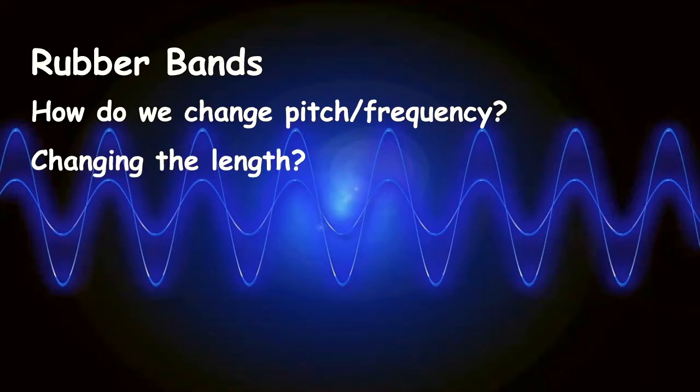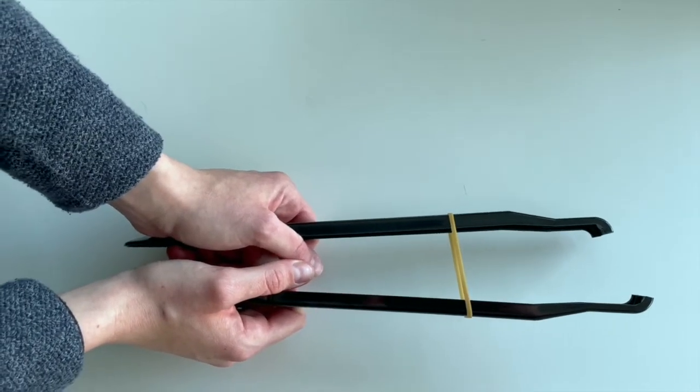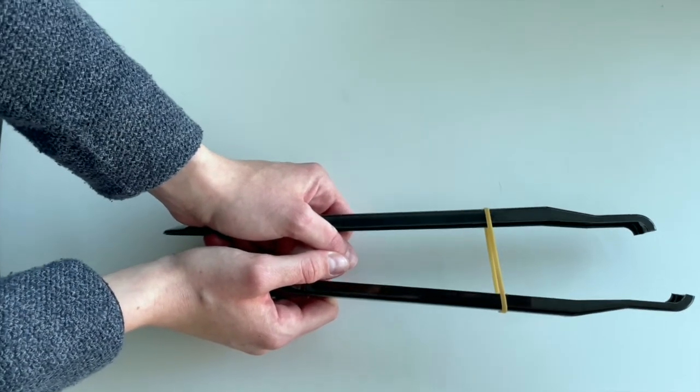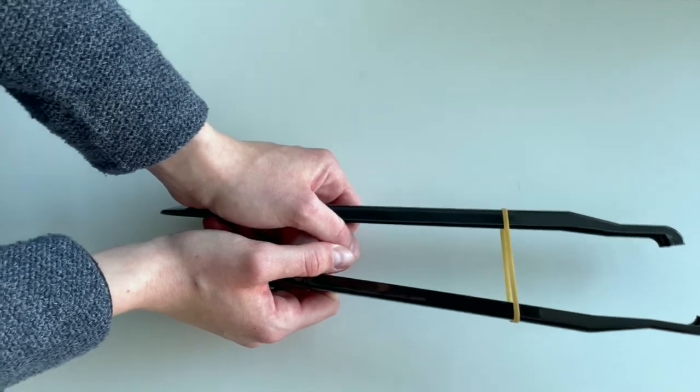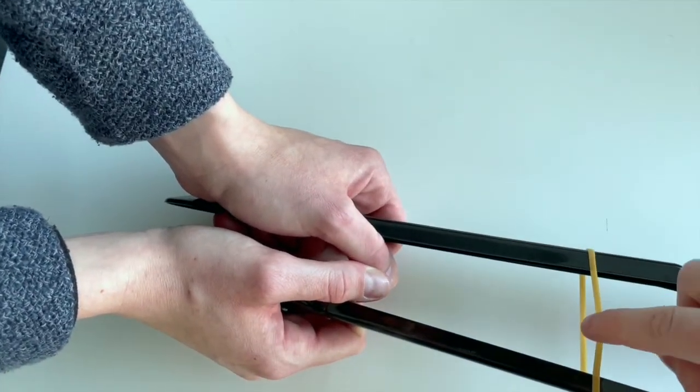What does changing the length do? Here we're going to show you how changing the length of the rubber band affects the sound. You can see how changing the length of the rubber band affects the pitch. So here we have a short one.